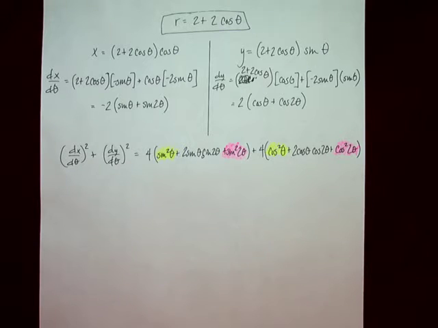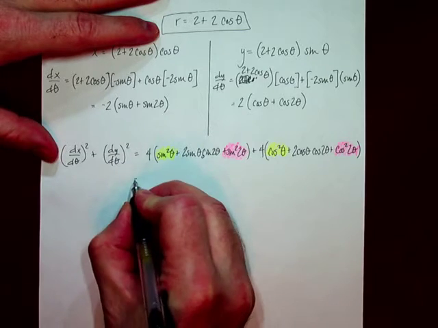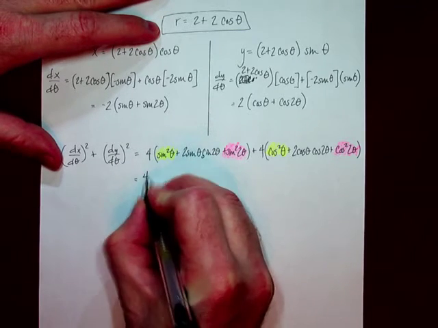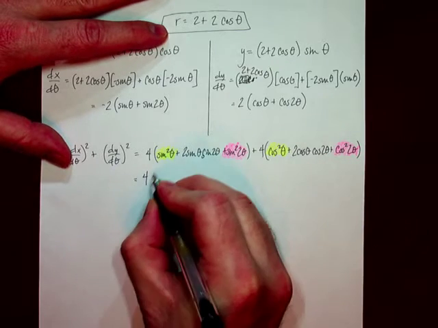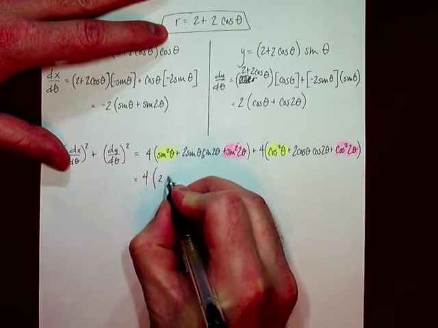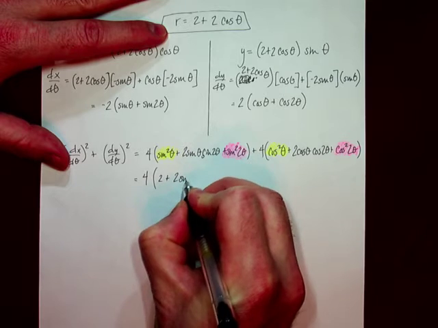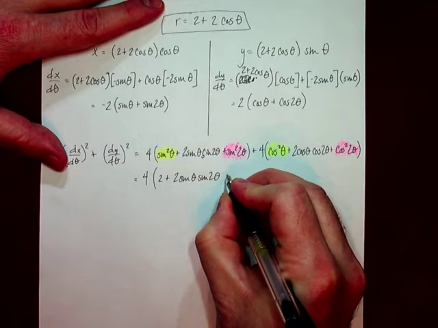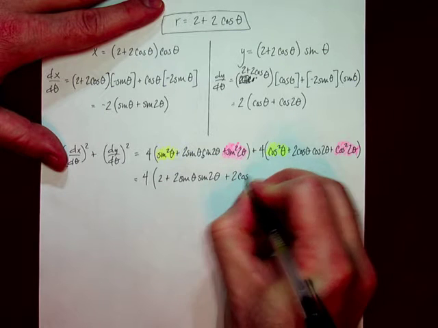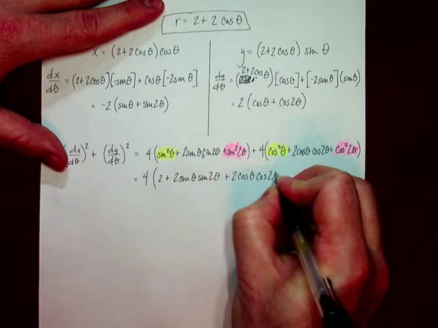And so what you're going to get when you get all the way down to it, that's 1, so you have 2, okay? And so you have 2 plus 2 sine theta sine 2 theta plus 2 cosine theta cosine 2 theta.